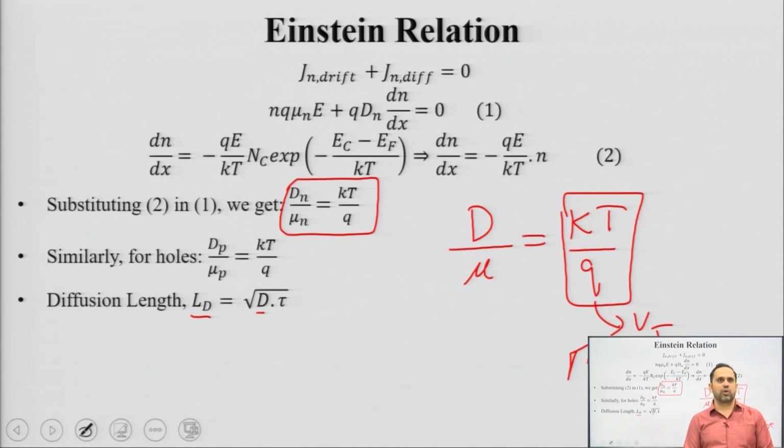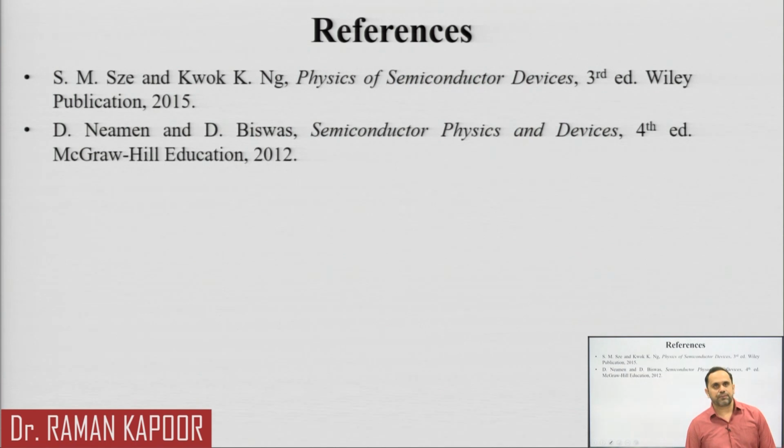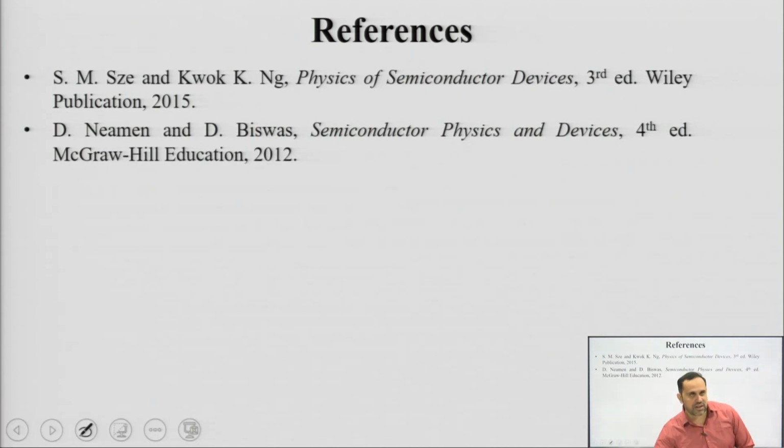Before an electron falls into a hole, how much distance it travels is the diffusion length, and tau here is the lifetime of charge carriers. So, the diffusion coefficient also helps you in calculating the diffusion length, how much distance a charge carrier travels while diffusing.